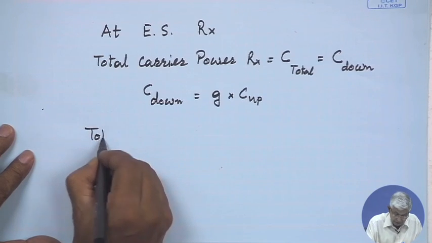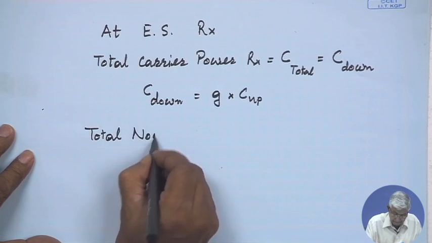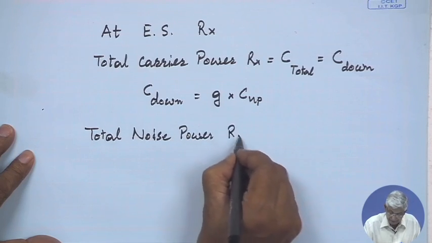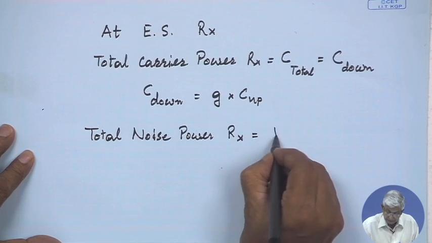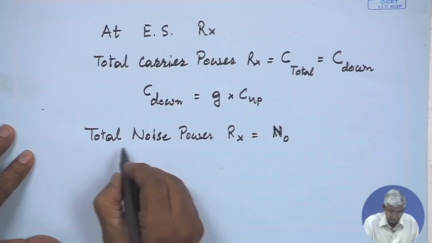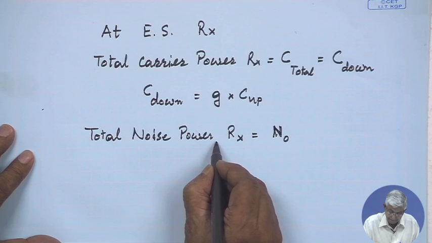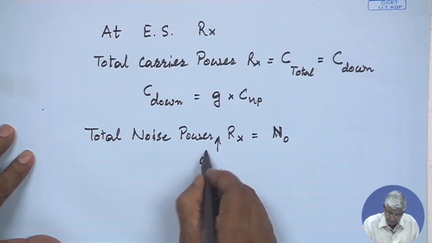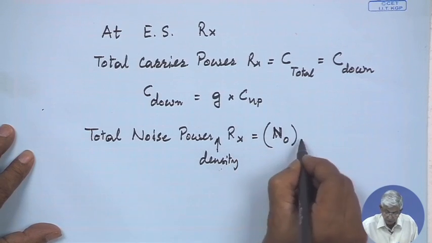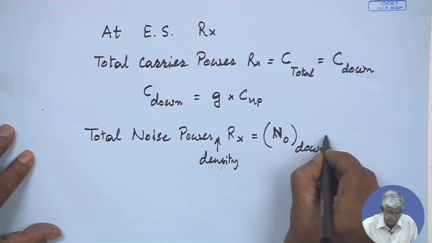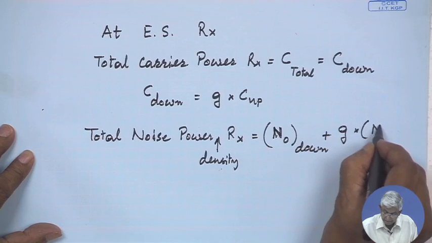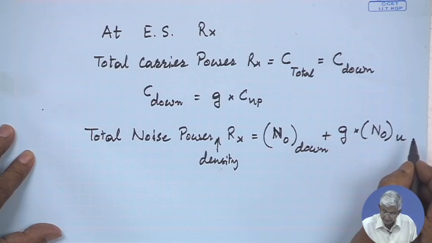Similarly, the total noise power at the receiver is, if we say noise power density N0, the N0 of the downlink plus the satellite gain multiplied by the N0 of the uplink.